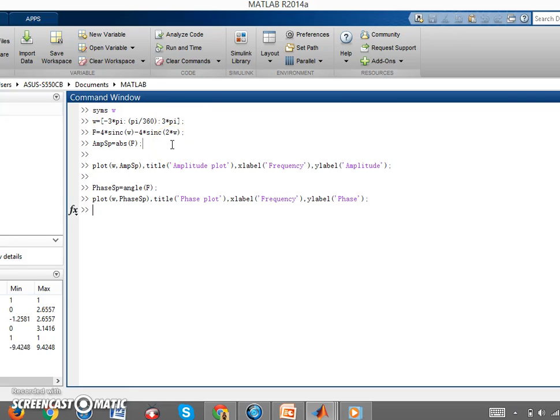To find the amplitude of the graph, the coding will have abs(F).